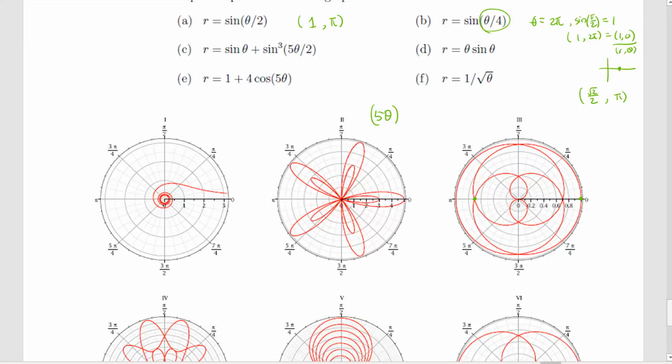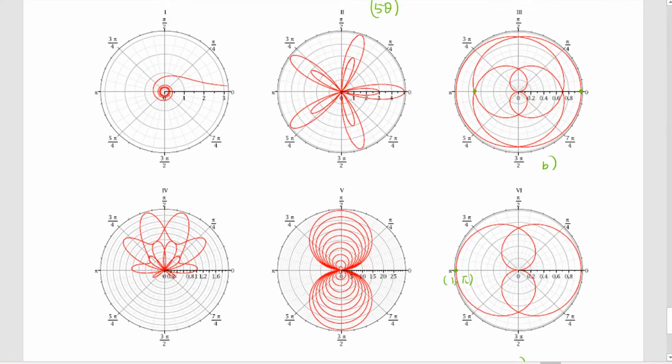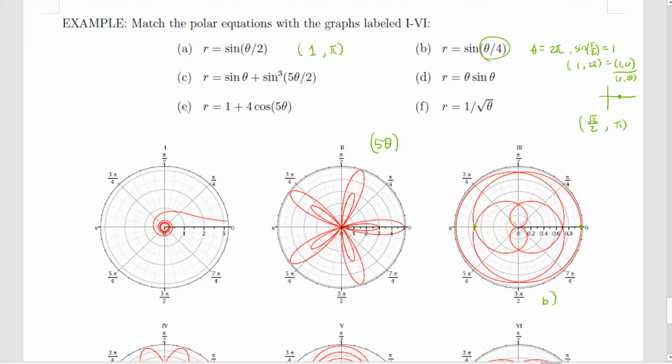That's why this is B. So far so good, everybody? By 2 points, we can figure out this is B. And the last picture does not pass through pi and root 2 over 2. There are no other points here. That's how we distinguish A and B.